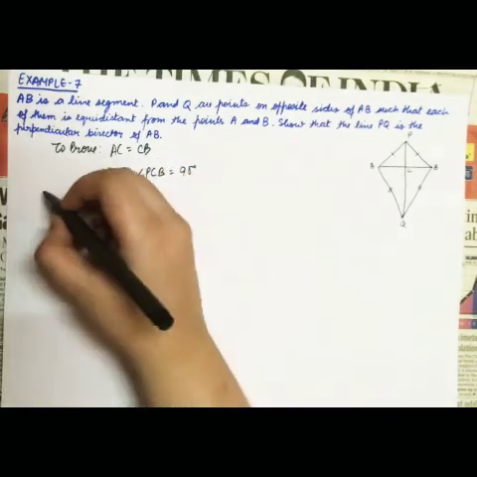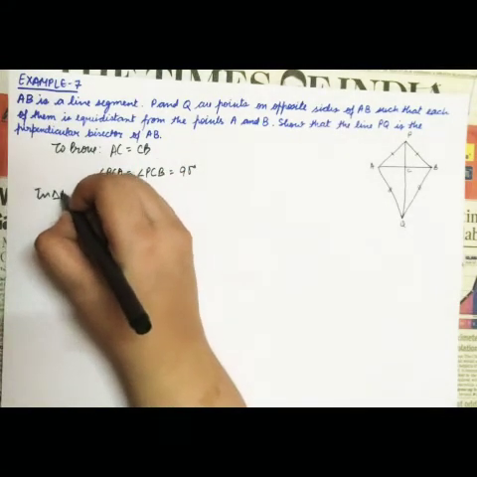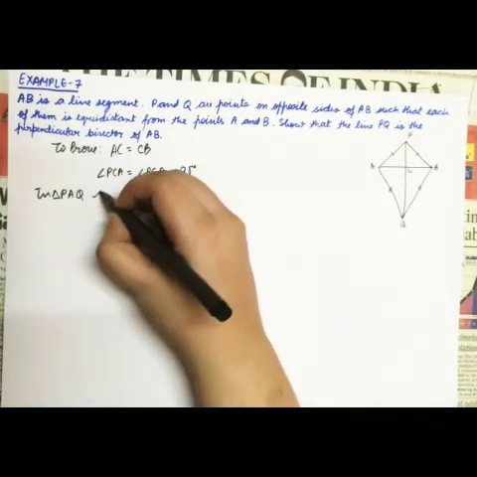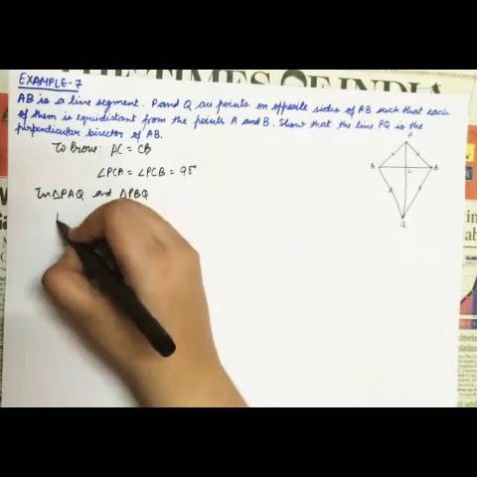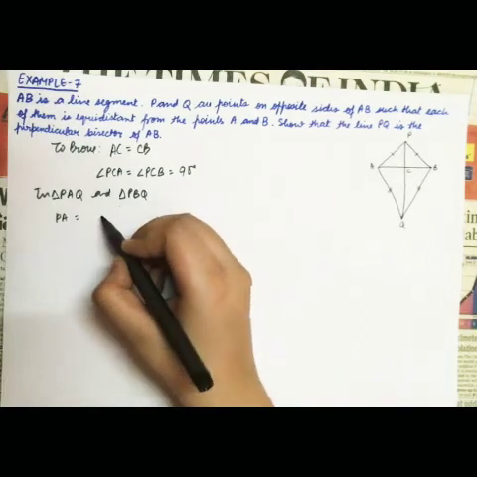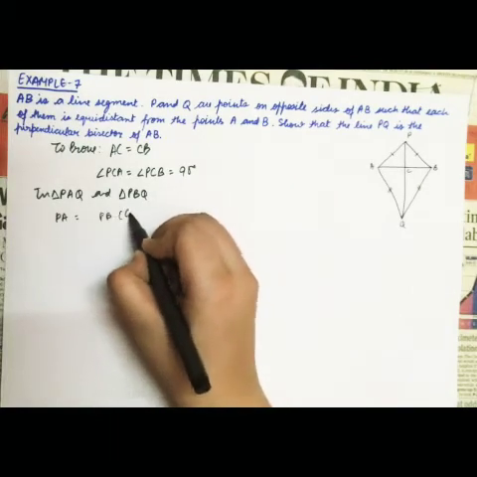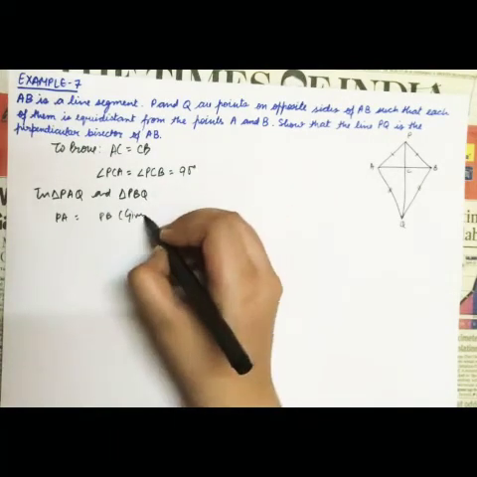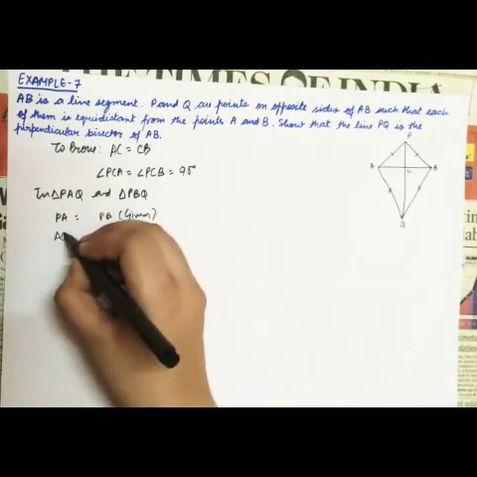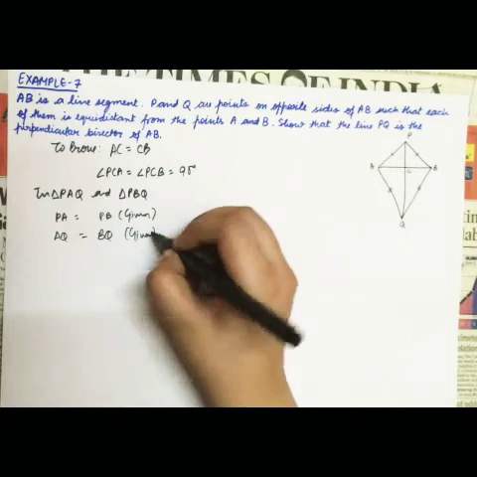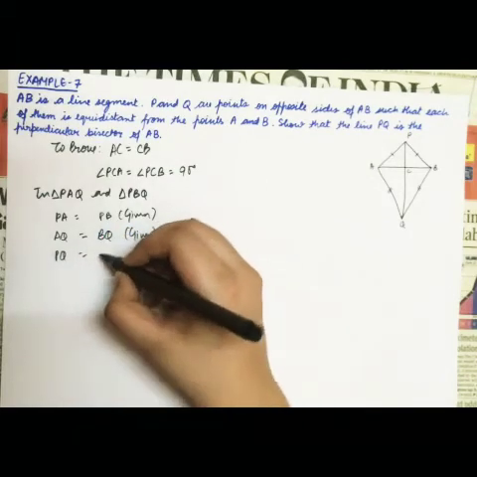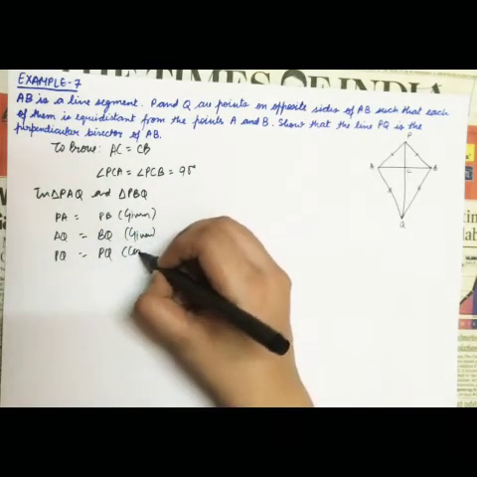So we will start with in triangle PAQ and triangle PBQ, PA is equal to PB, which is given, AQ is equal to BQ, which is also given, and PQ is equal to PQ, which is common.